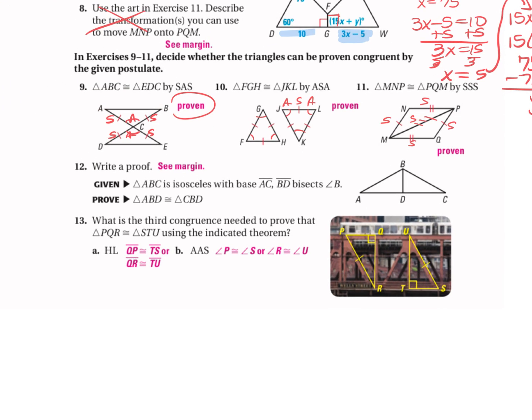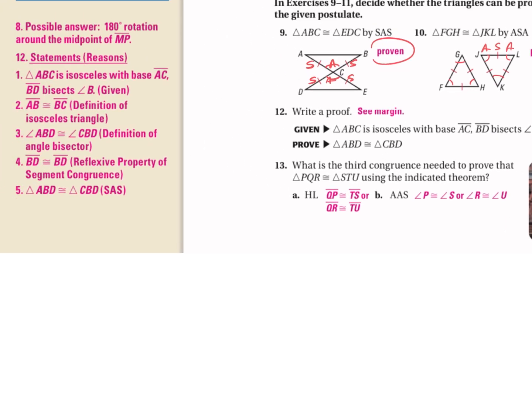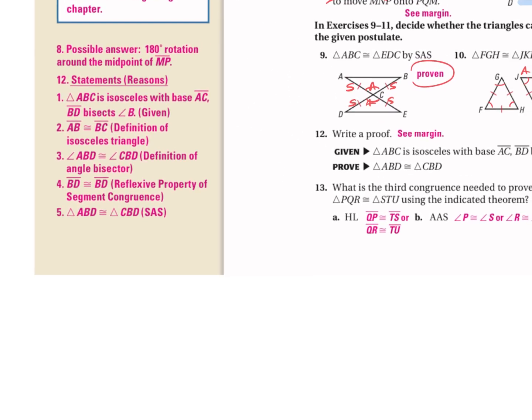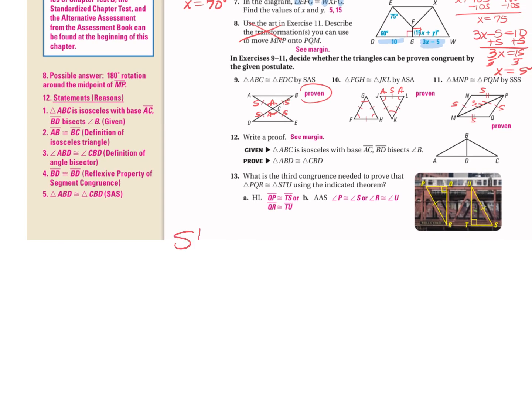Then number 12 says to write a proof. All right, so it says here to write a proof. So there is the answers there, but let me go ahead and rewrite it. So statements and reasons.